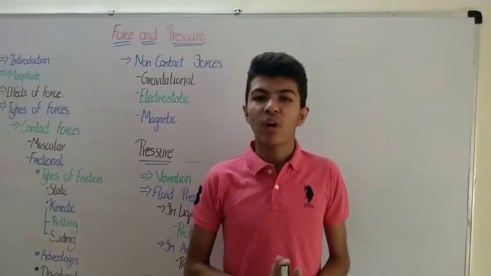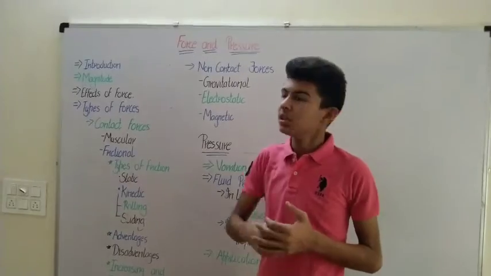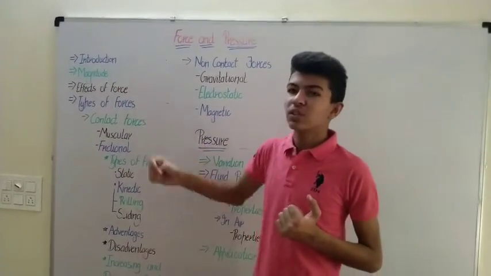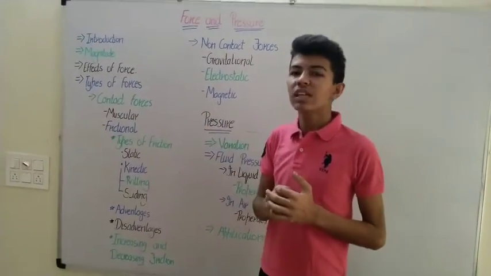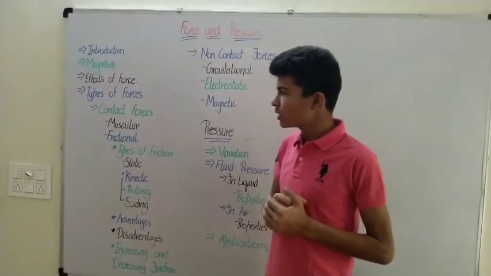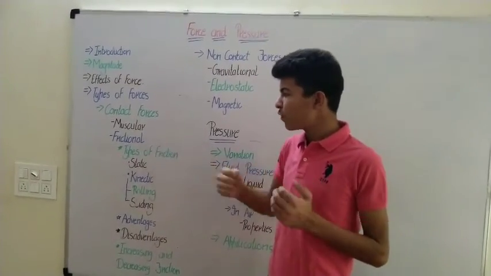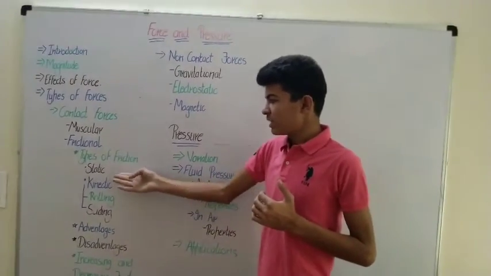So let's summarize what we have learned today. We learned about what force is, then how to calculate the magnitudes of forces, the effects of forces, and the types of forces, that is contact and non-contact forces. The contact forces are divided into muscular and frictional forces, and frictional force is further divided into static and kinetic.